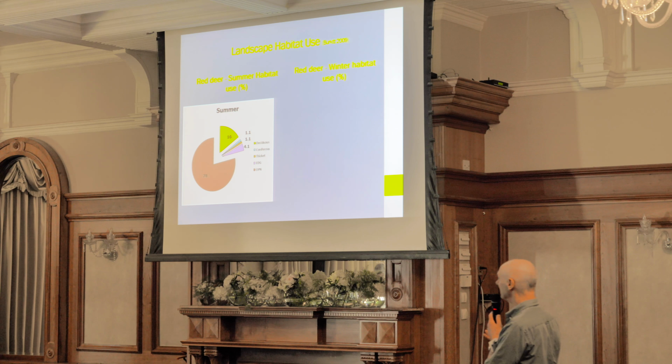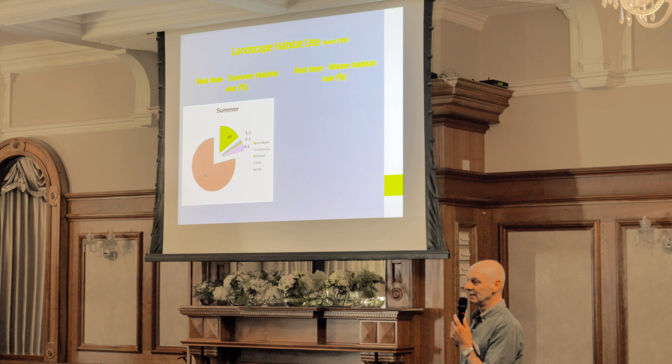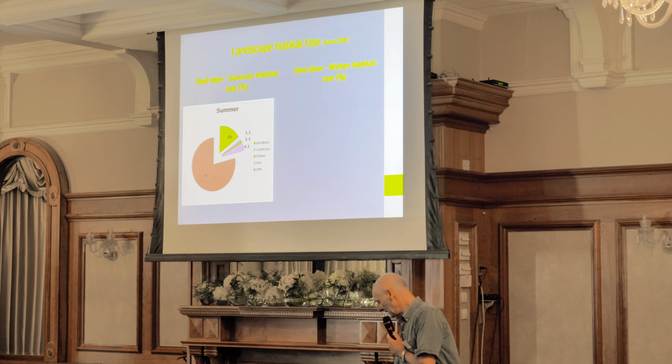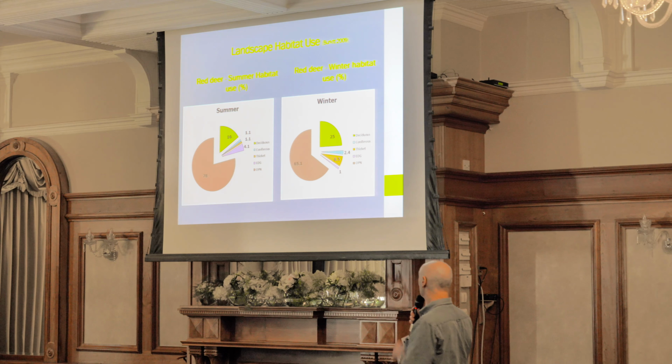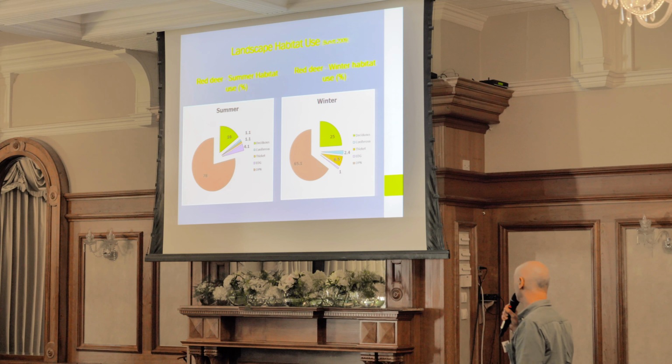And within that landscape, they will actually use different habitats at different levels throughout the year. So you can see the difference in habitat use between red deer in winter and summertime. There are a lot of similarities, but there are also discrete differences. So it's important that those are understood.